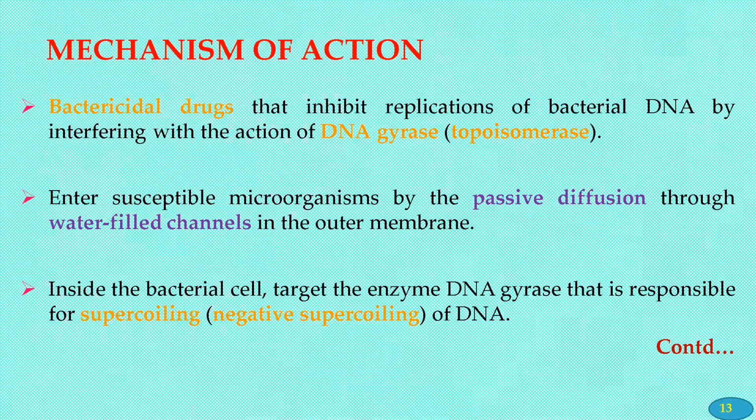Simply, we can summarize this as: they inhibit the enzyme DNA gyrase. If the enzyme is inhibited, then negative supercoiling of the DNA is inhibited.